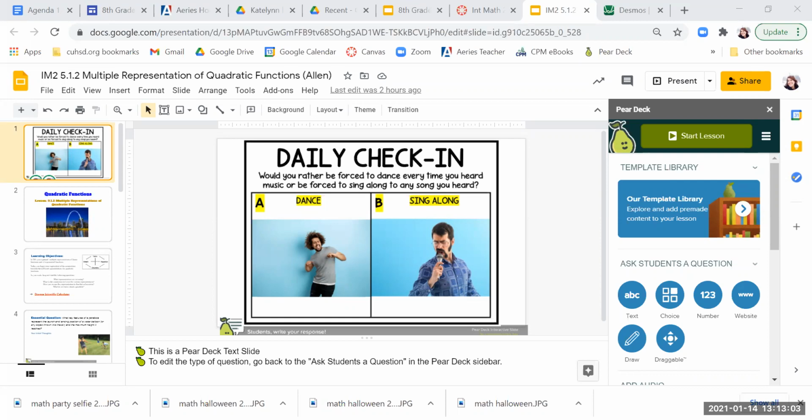Okay, so our essential question today is, what key features of a parabola represent the launch and landing positions of a water balloon, or any object thrown into the air, and the maximum height it reaches? Just take a minute and think about if these people in this picture were to pull that slingshot all the way to the ground and then let go. Imagine the path of the water balloon.